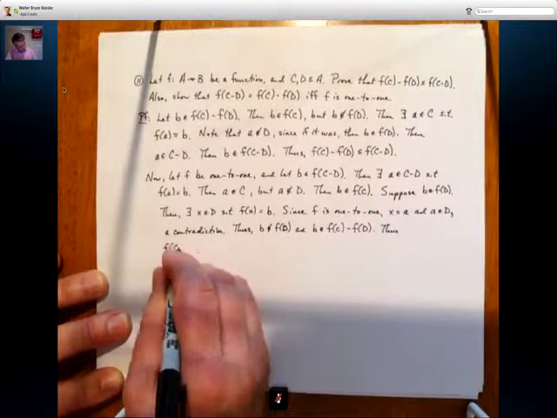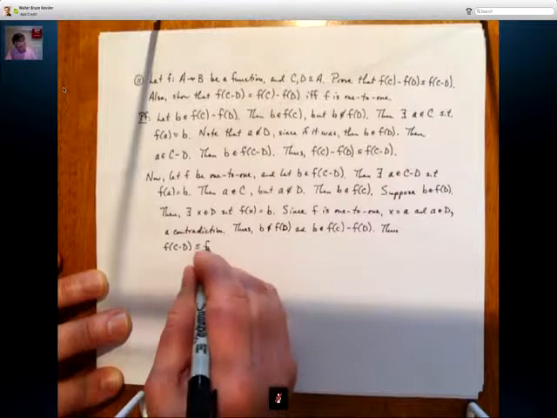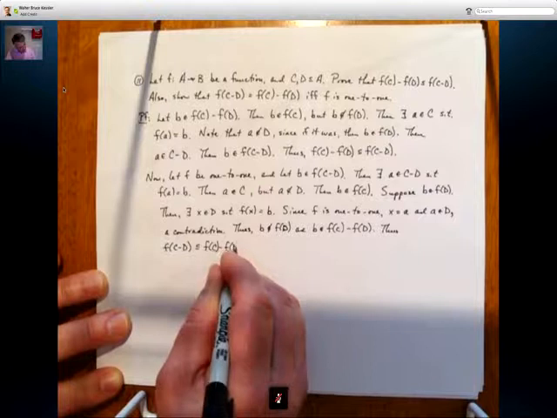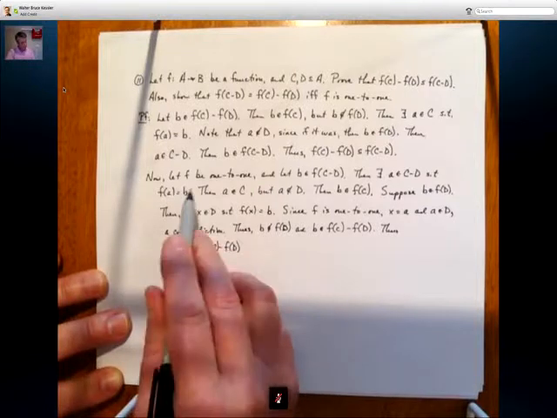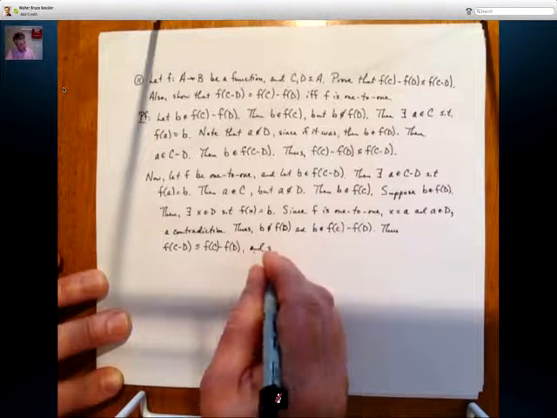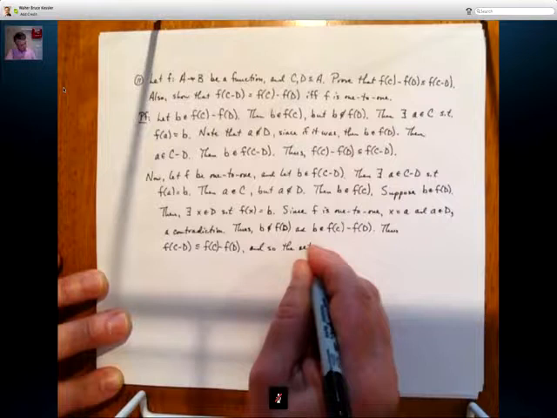Thus, and I'll write over here, f of C minus D is a subset of f of C minus f of D in this case, where f is 1 to 1, and so that shows that they're equal.